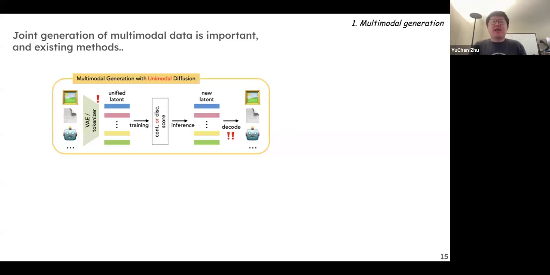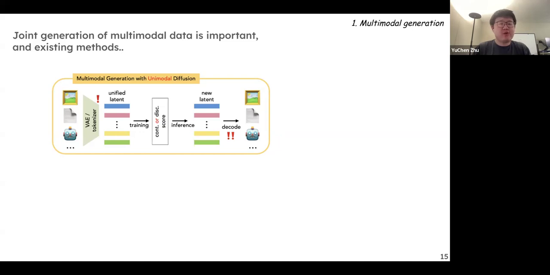So I guess I don't need to convince people that the joint generation of multimodal data is very important. While there are a lot of solutions already, existing methods usually have a very complicated pipeline. Let's say we have a lot of different kinds of data modalities, consider images, text, or motions, or whatever. A large chunk of the existing methods typically approach this question with a unimodal diffusion model.